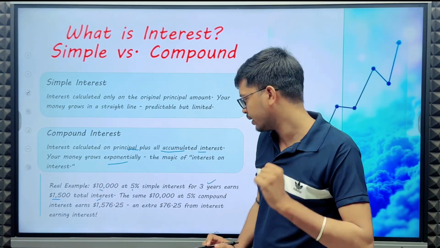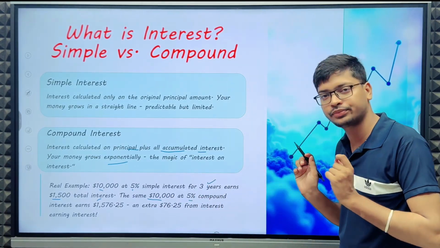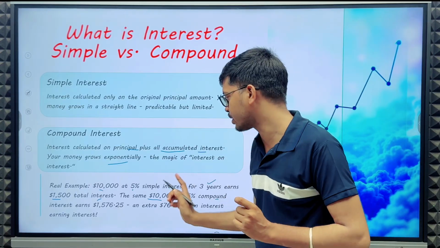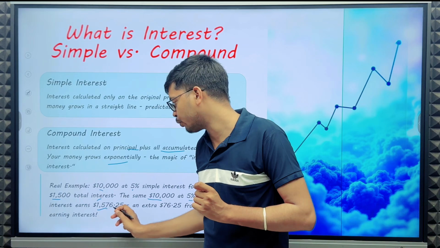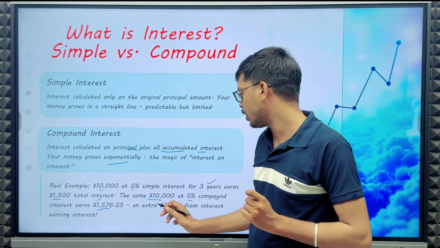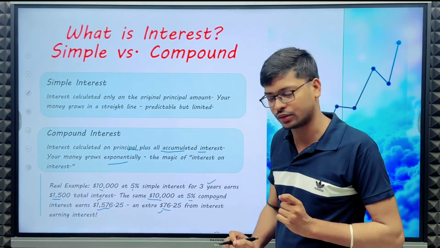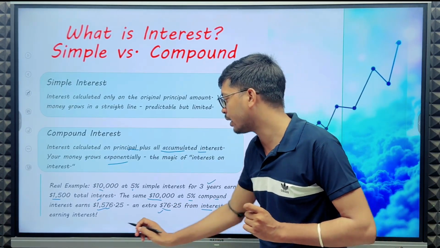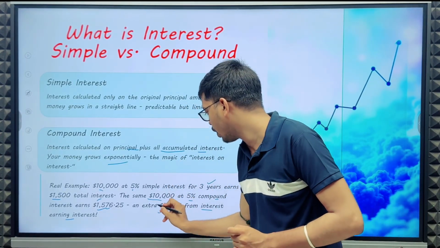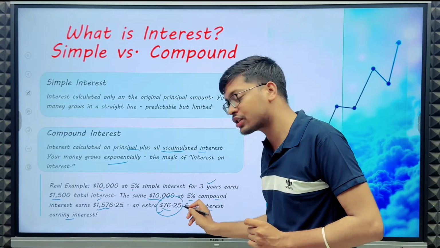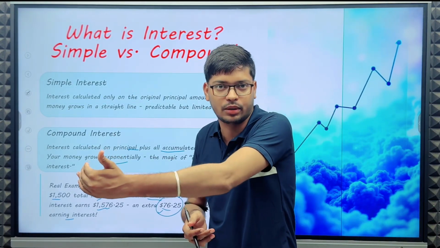But the same amount, $10,000 at the 5% rate with compound interest, earns $1,576.25. That is $76.25 extra, from interest earning interest. So how do we get $76.25? We get it from interest on interest earning.